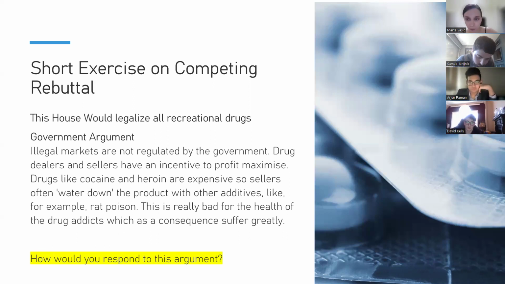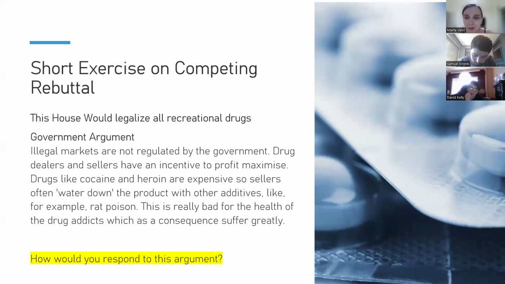We can attack the premise by just saying, look, they probably do want these people to come back. They probably do want people to buy drugs. If you sell them something which is watered down with rat poison, they probably will not do that again because they will blame you for whatever happens to them.